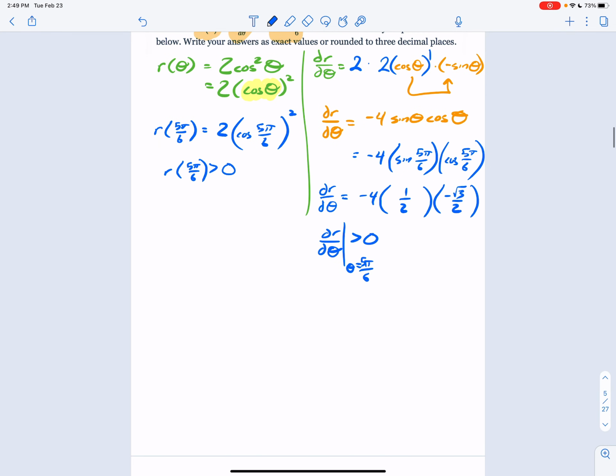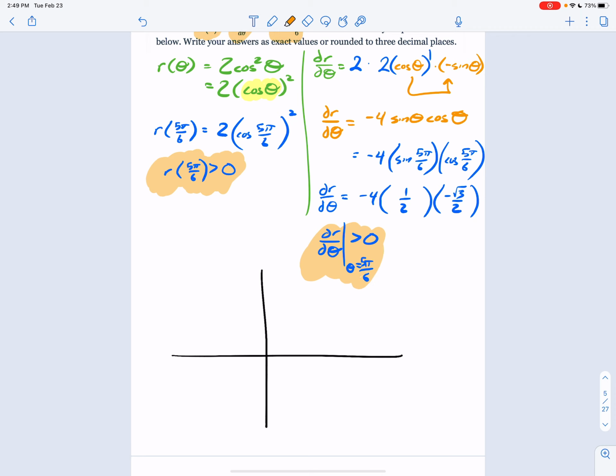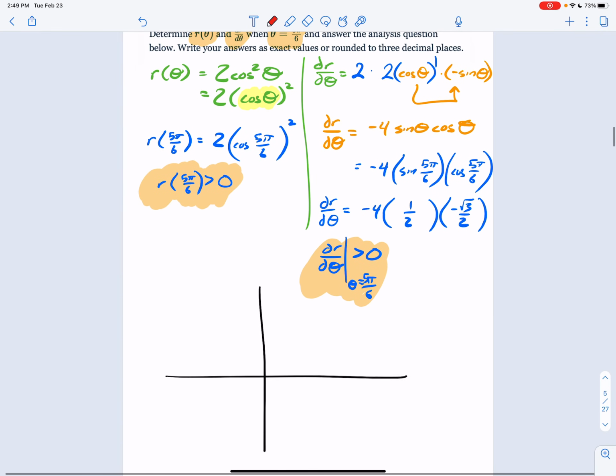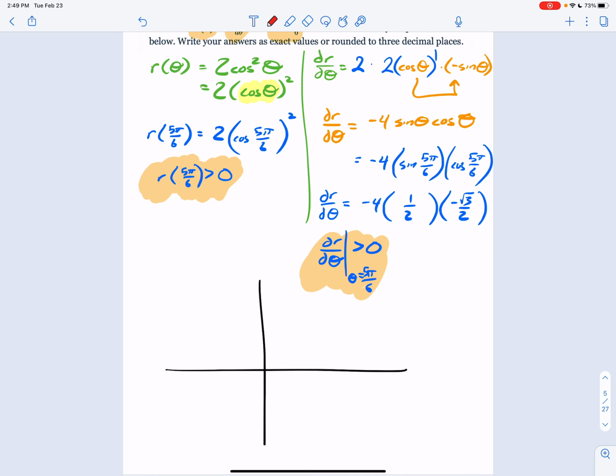So what does this tell you? When you're dealing with r, you're on the pole, okay? So here's what you do. If r of theta is greater than 0, you know that at 5 pi over 6 you have something positive.